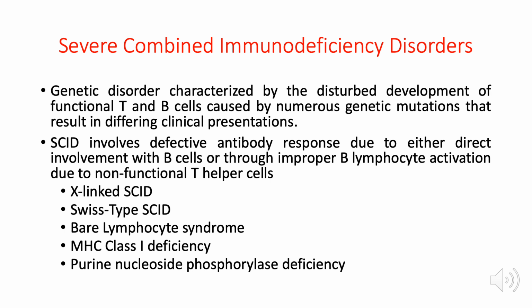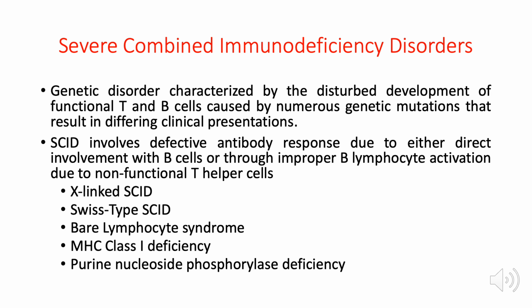Another important thing to take note of is that the humoral immunity, which is mediated by B cells, can be involved because of two mechanisms. Number one, the disorder affects the development of B cells, so B cells are directly involved in the pathophysiology of the case.